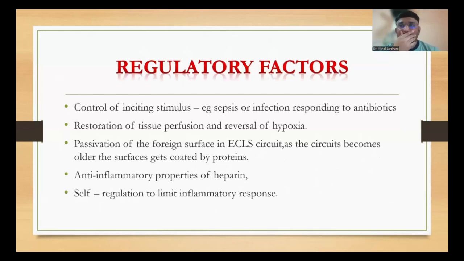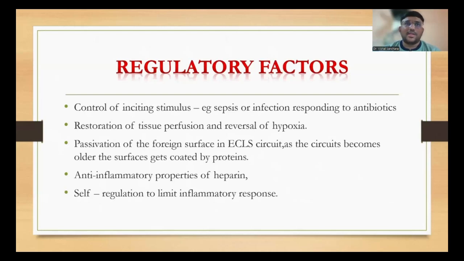So how can we regulate these factors? If we want to control the SIRS reaction, then we need to control the inciting stimulus like sepsis or infection. We need to give appropriate antibiotics.